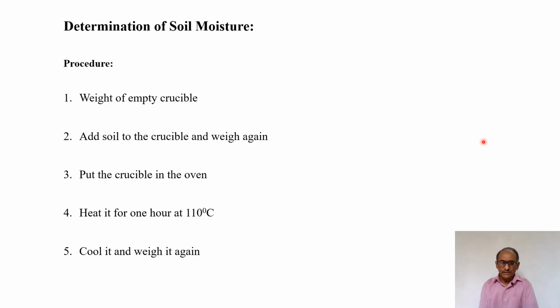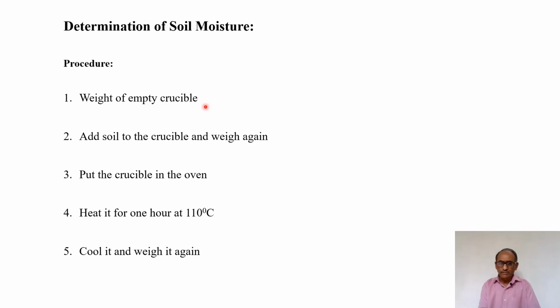So the procedure is somewhat like this. So first you'll have to take the sample, and you'll have to weigh the empty crucible. The crucible is a vessel which is kept in the furnace, or say that particular machine where it can be heated.